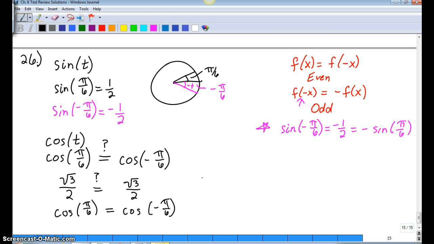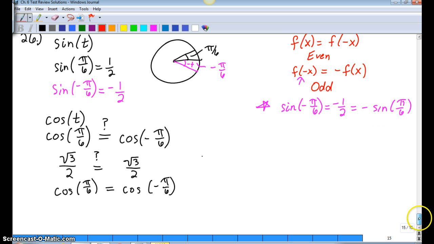So if you look at that in terms of our definition here, that fits our even function. f of x, cosine pi over 6, is equal to cosine of negative pi over 6, so f of negative x. So that's how you get your even function.